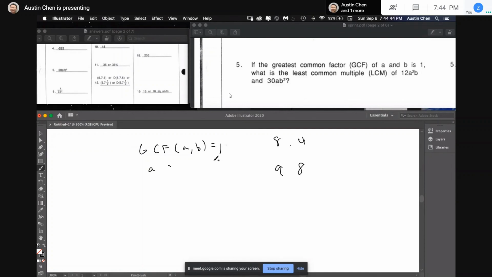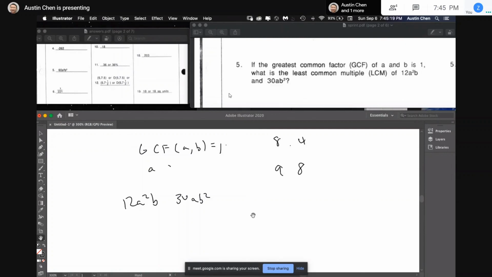Okay, so now we want to find the least common multiple of 12a squared b and 30ab squared. Again, I think we said this in the last meeting: if you have the least common multiple of two numbers, you take their prime factorizations and take the largest power of each prime.